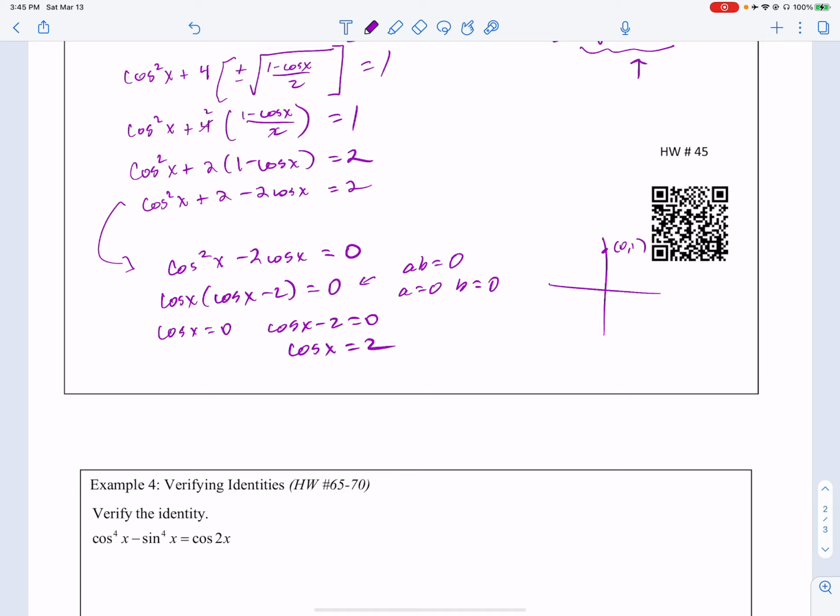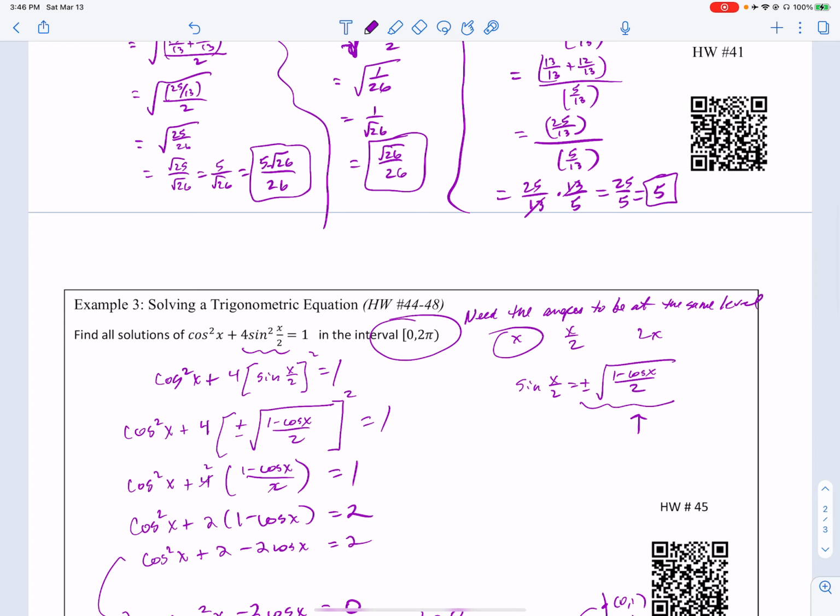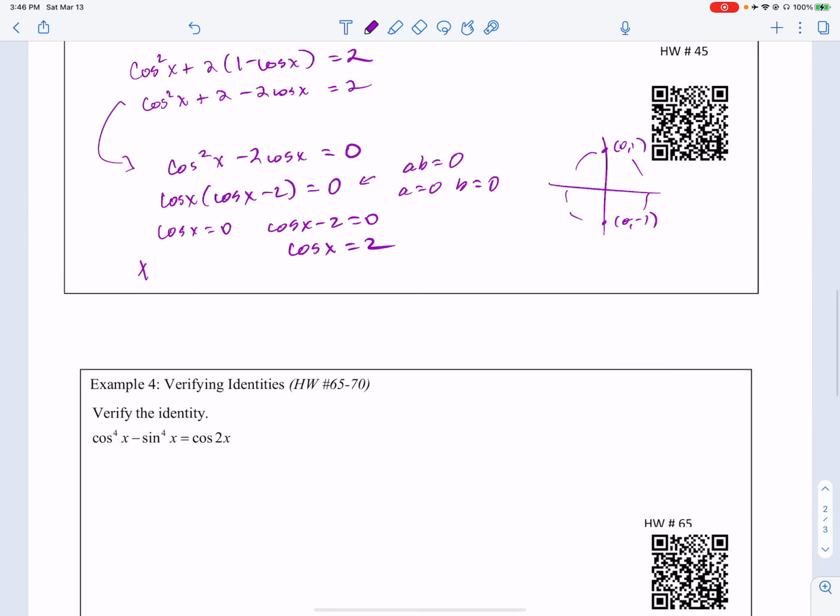And it is at pi halves and at 3 pi halves. And the amount of turn between each of those is pi. So if we had infinite, I could do pi halves plus n pi with n an element of the integers, but we are only looking for 0 to 2 pi. So the solutions to this are going to be pi halves and 3 pi halves.